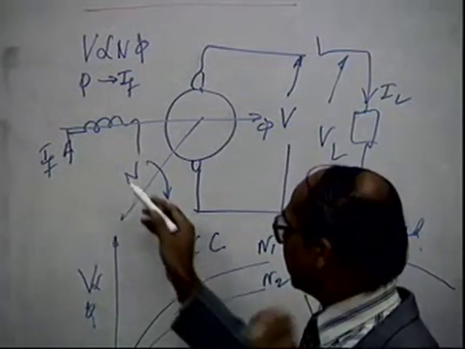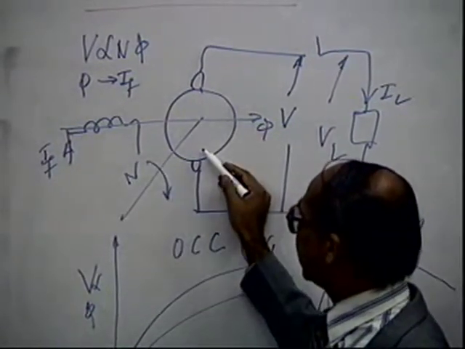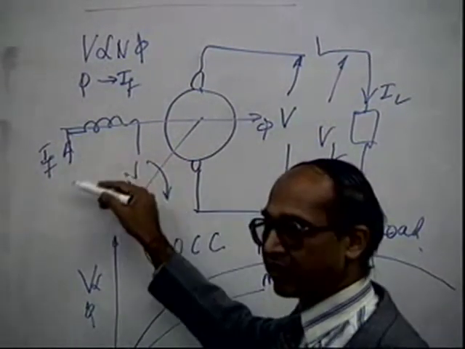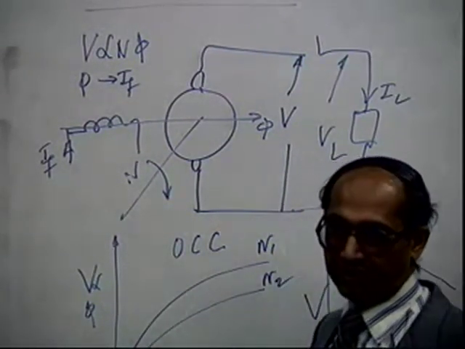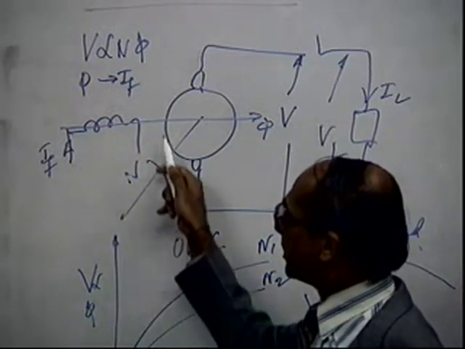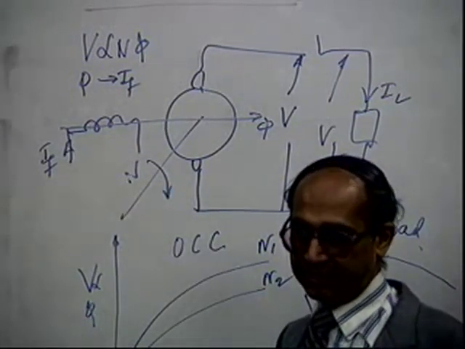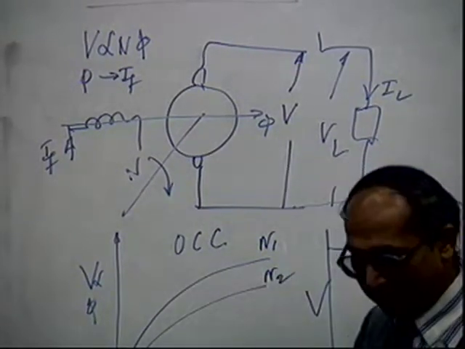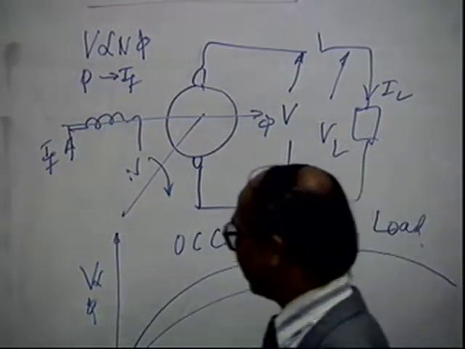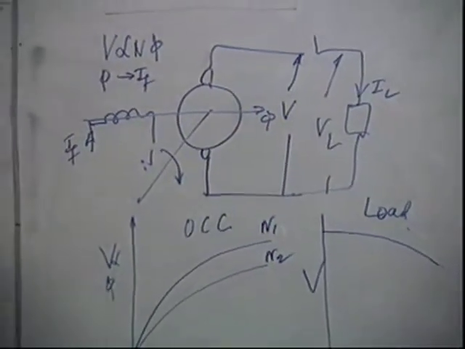Because of residual magnetism, some small current will induce a voltage, and because of that voltage there will be more current, and so on. It will come to a stable operating region, decided by the resistance of the field circuit. Again, because of limitation of time we can't cover those details.